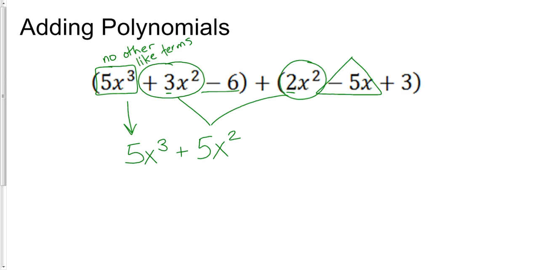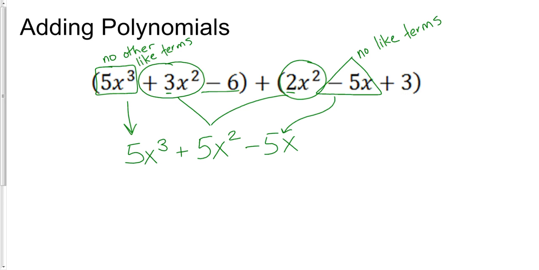You'll notice that I'm using different shapes because I want to differentiate my like terms. Here with my negative 5x, it has no like terms, similar to my 5x to the third power. So this comes down and is going to be part of our answer, making sure that we keep the negative with it because it is negative 5x. So I'm going to write negative 5x as part of my answer.